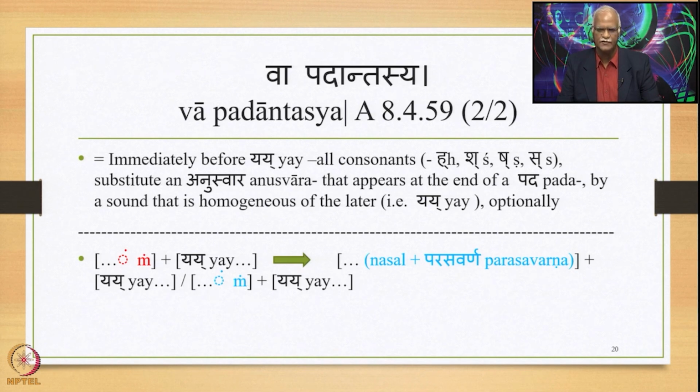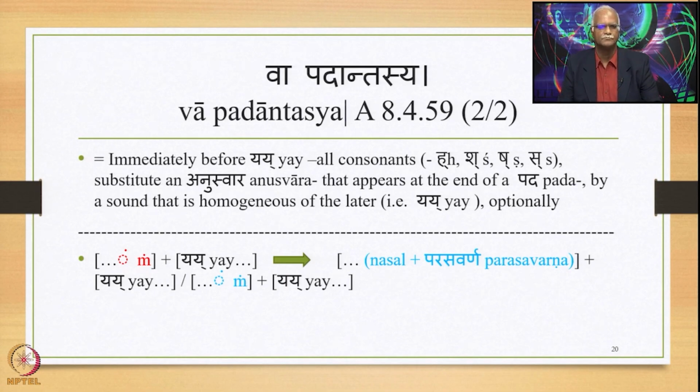Immediately before yai, that is all consonants minus h, sh, sh and s, substitute an anuswara that appears at the end of a pada by a sound that is homogeneous of the latter, that is yai, and do this optionally.